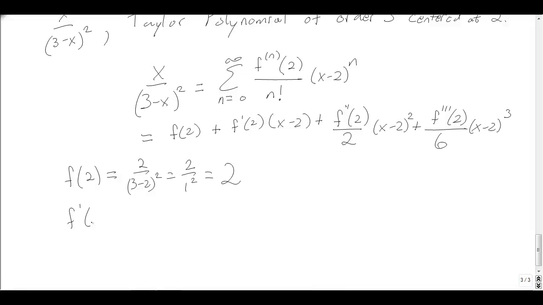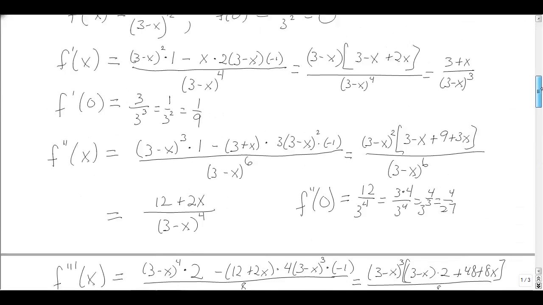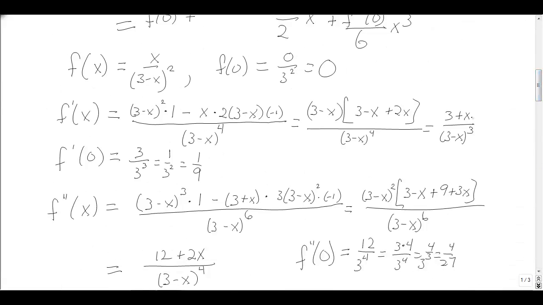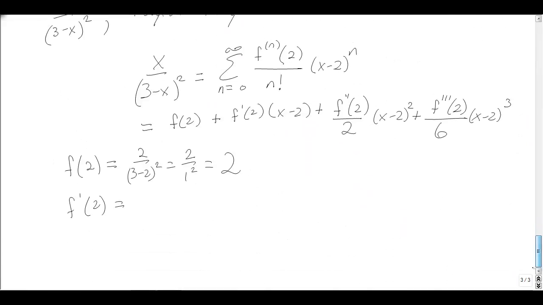Then f prime of 2, let's go find f prime of x, way up here. f prime of x is 3 plus x over 3 minus x cubed. So that's 3 plus 2 over 3 minus 2 cubed. So this is 5 over 1 cubed. That's just 5.